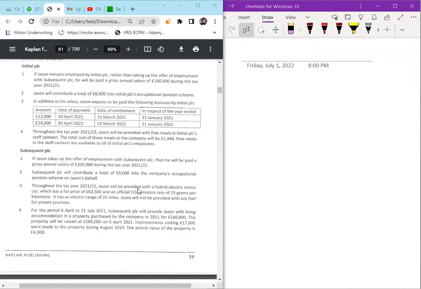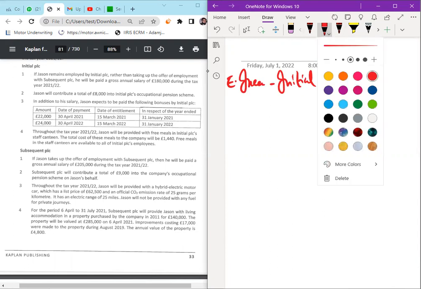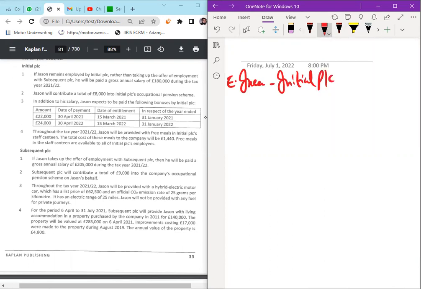First of all, just see initial PLC. We are going to calculate employment income. Initial PLC, okay? Now, what is his salary? We can see in the question, note number 1. Please read note number 1.